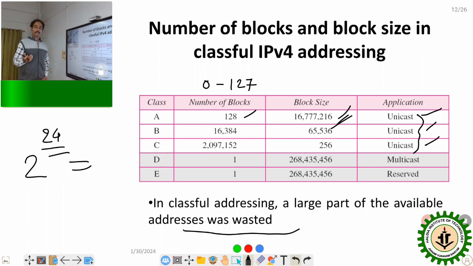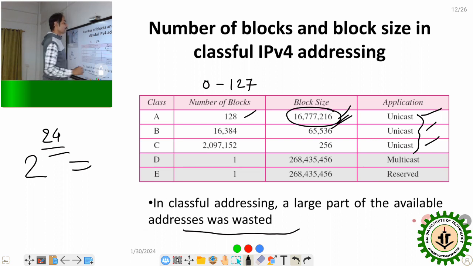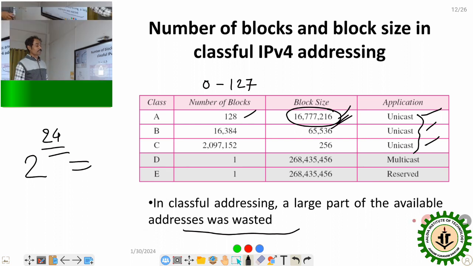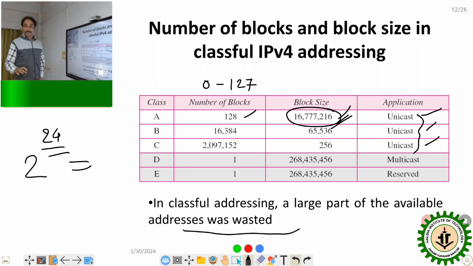A big organization may require 1,000, 10,000, lakhs, but if you follow the block size, it is much more than that. So simply it is wasted, nothing else. So nowadays it is obsolete. And how can we recover from this? What will be the remedy? Definitely we will have another approach, and we are coming later to classless addressing.